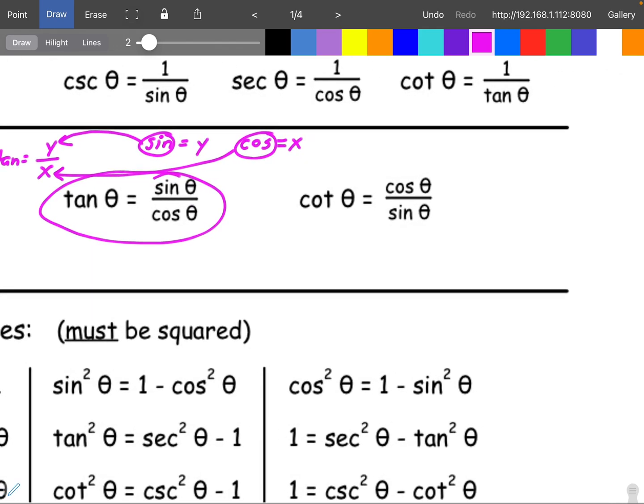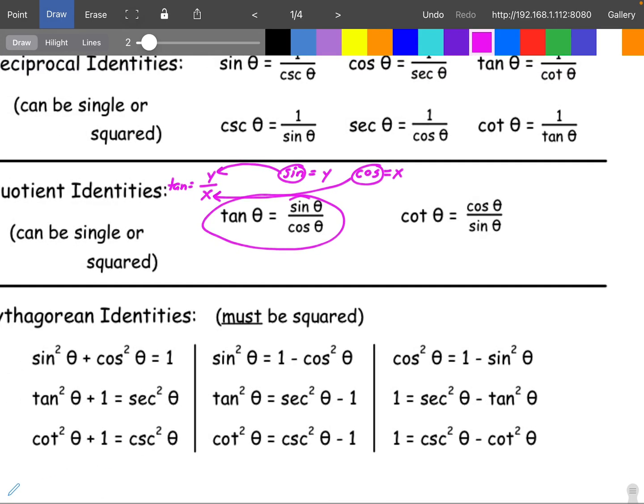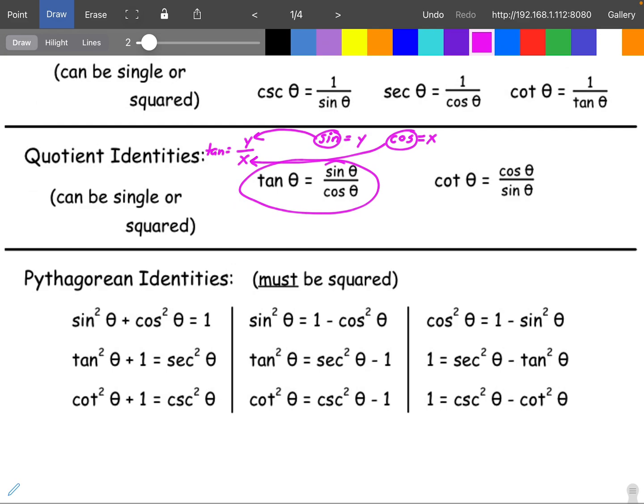Well, if tangent is sine over cosine, and cotangent is the reciprocal of tangent, then cotangent theta is whatever tangent theta was flipped over, which is cosine theta over sine theta. So that gives us our second quotient or ratio identity.